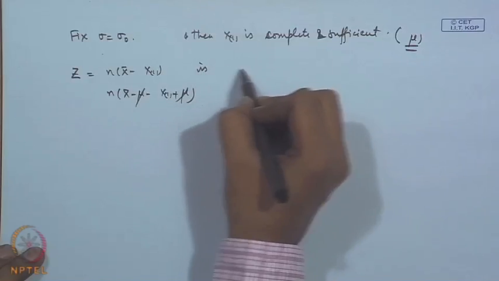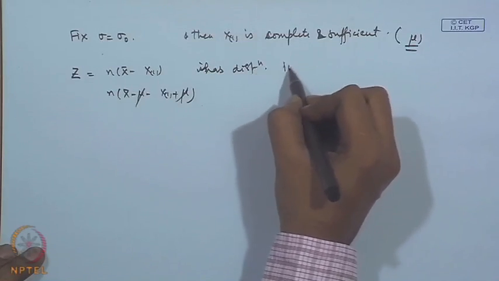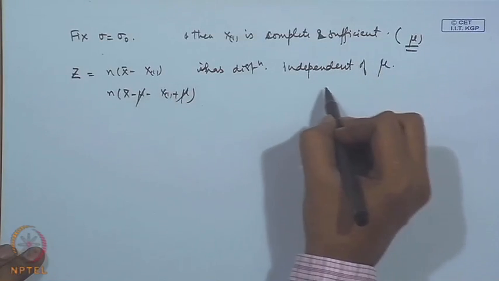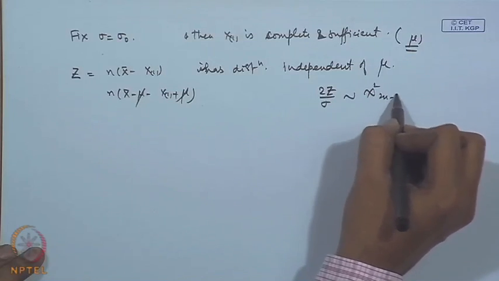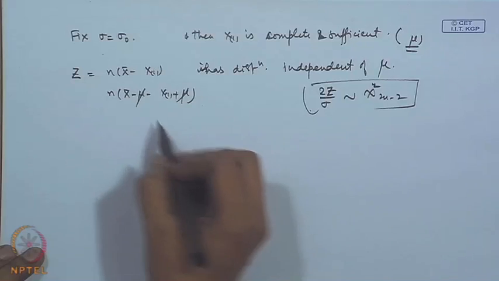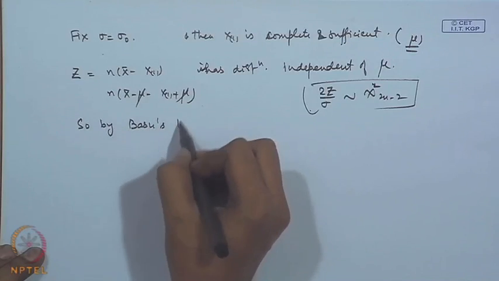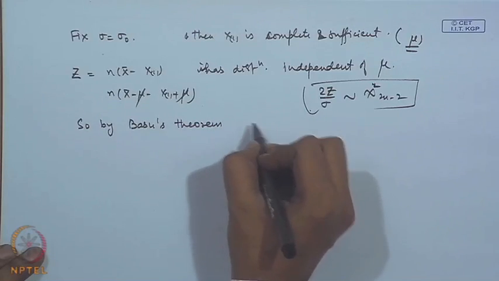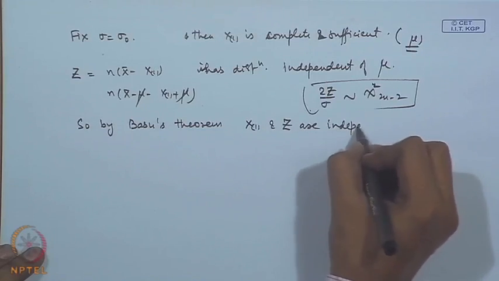So, this has a distribution independent of mu. In fact, we know the distribution: 2 z by sigma actually follows chi square on 2 n minus 2 degrees of freedom. So, by Basu's theorem, you will have that x 1 and z are independently distributed.